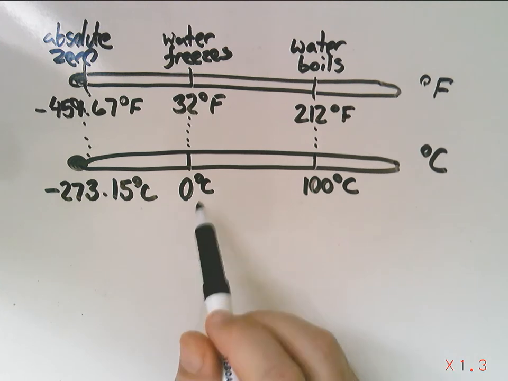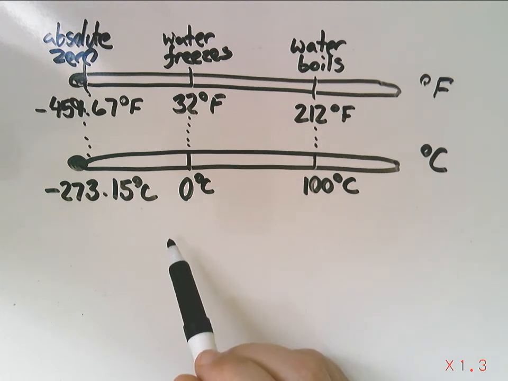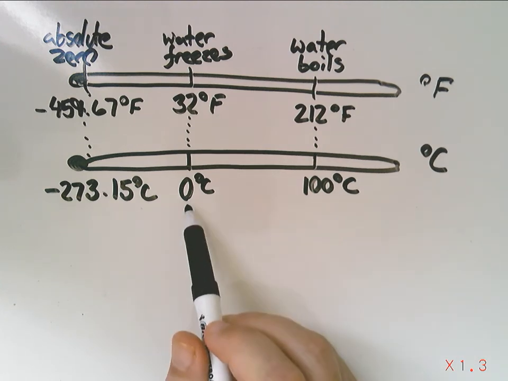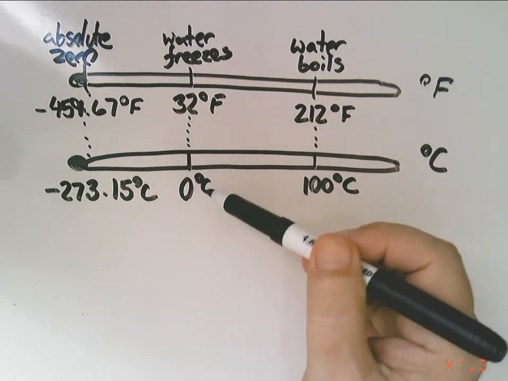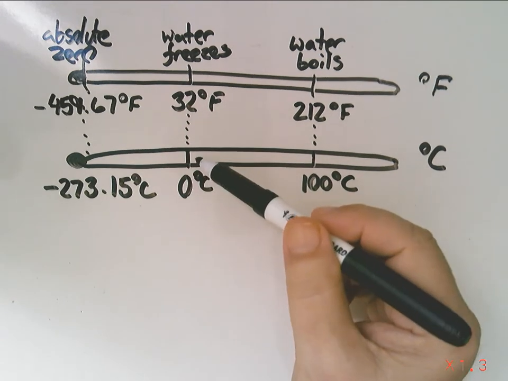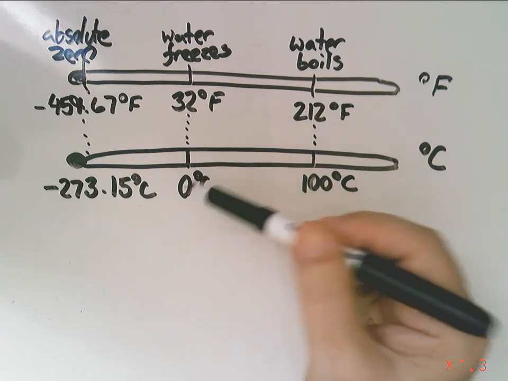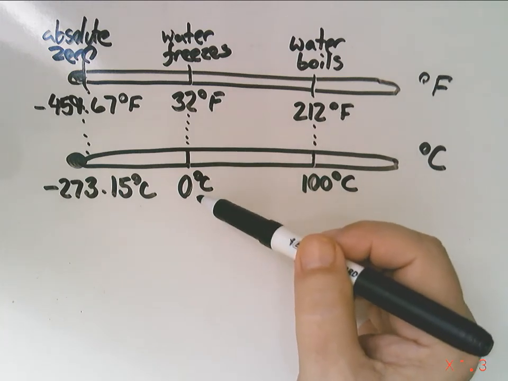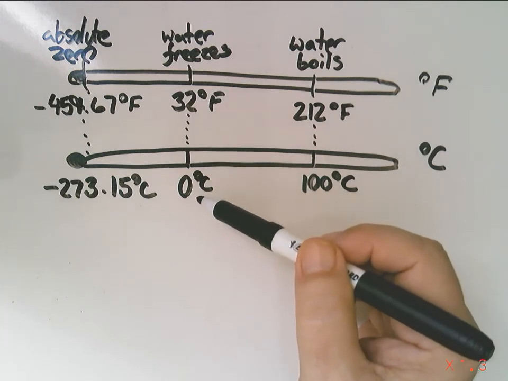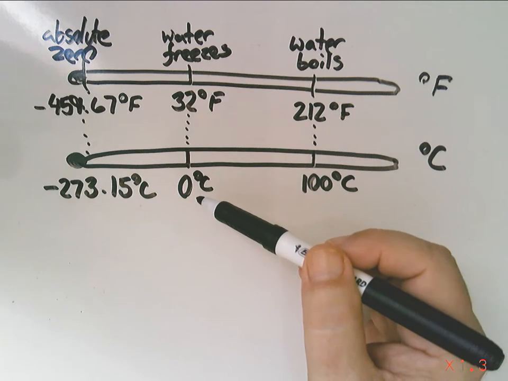Now, there's some problems with the Celsius scale as well. Because it has 0 in a place that you can commonly run your experiments or encounter. I mean, you've been out on days where water is at a freezing temperature. If you've got a problem where you've got to divide by temperature, what happens when you divide by 0?